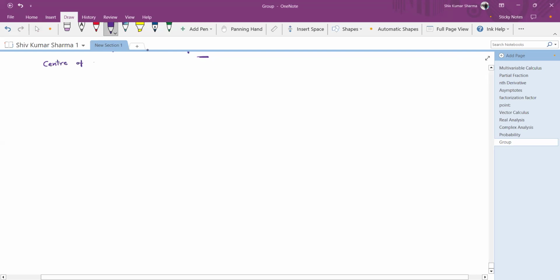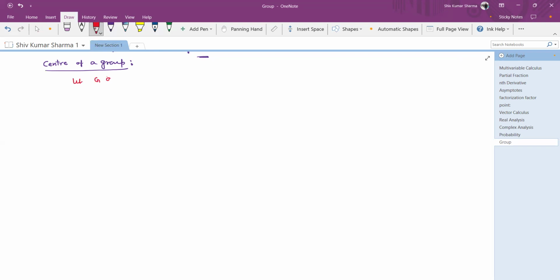For defining the center of a group, let G be any group and Z be defined as Z equal to small z, elements of G such that zx is equal to xz for every x also an element of G.